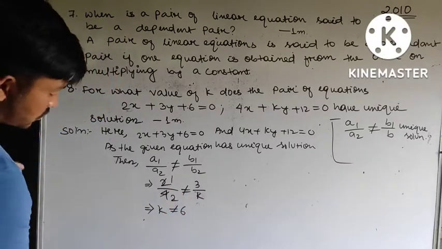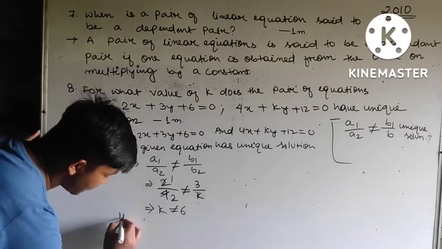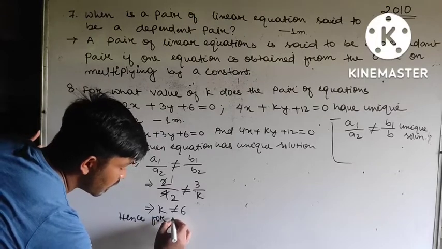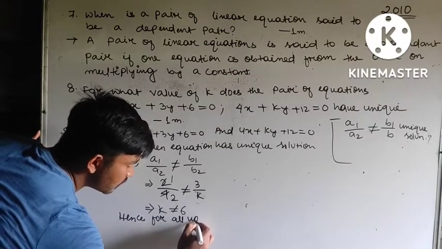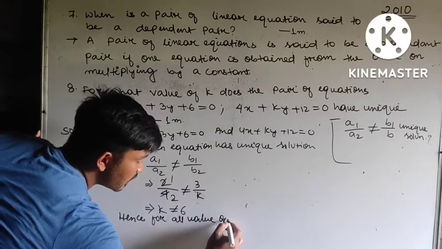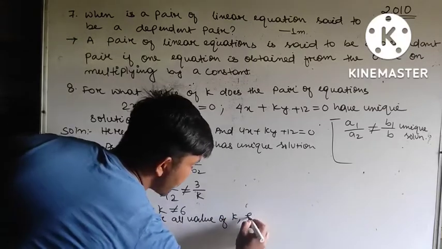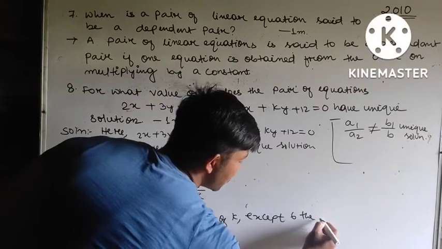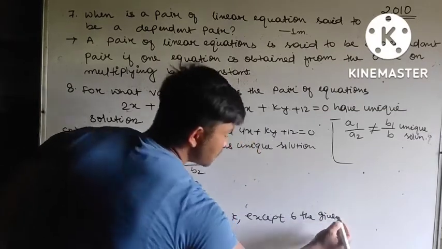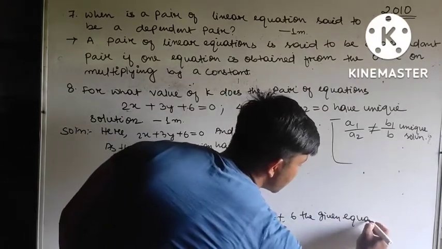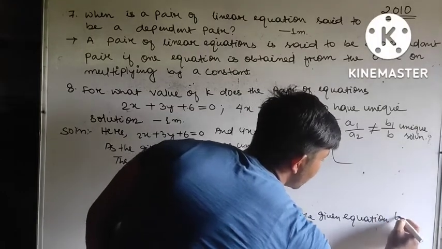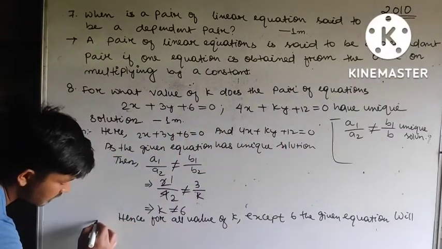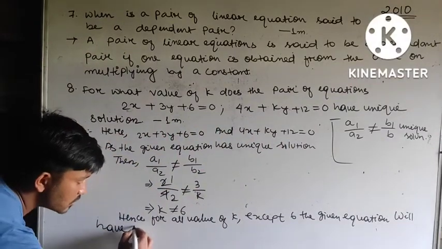Hence, for all values of k except 6, the given equation will have a unique solution.